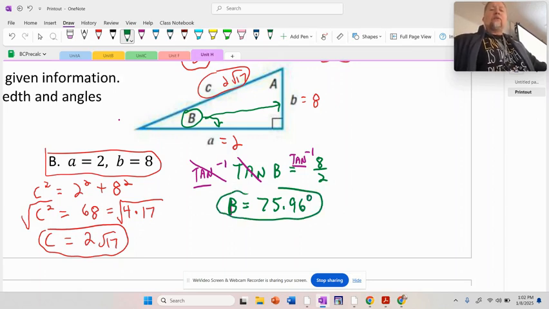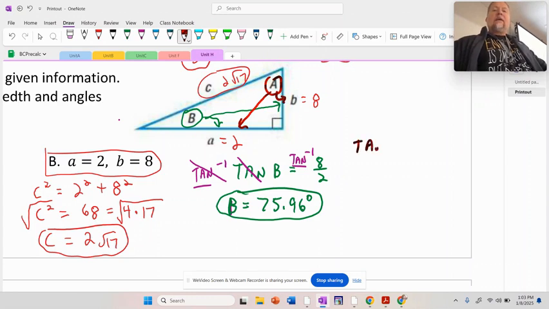Now, honestly, what can we do to find angle A? 90 minus 75, right? But you know what I like doing, just in case I made a boo-boo? I go ahead and say, all right, I'm going to find this angle measure by trig as well because it's easy. That's the opposite side, and that's the adjacent.